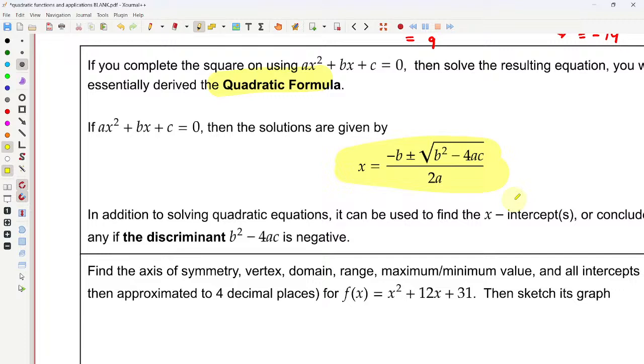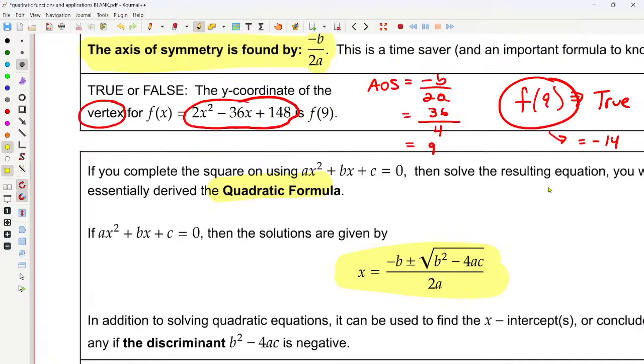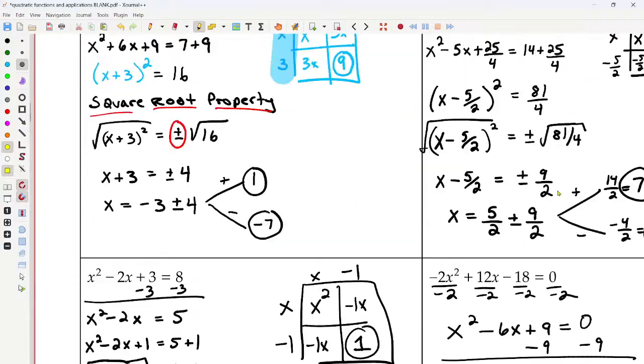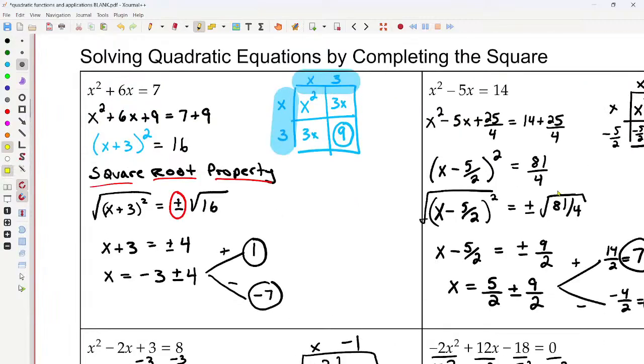Objective 1 tonight was take standard form, complete the square, and solve the equation. Well, now this is almost a shortcut to objective number 1. Instead of doing this path, which wasn't too painful, I could instead have used the quadratic formula for this, this, this, and this.